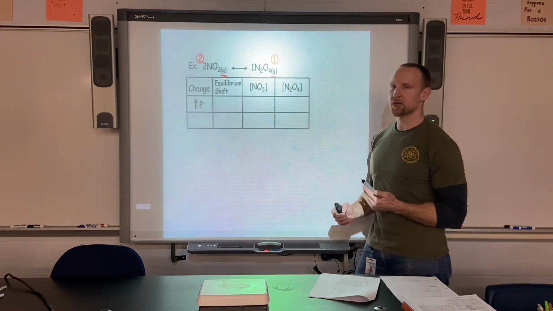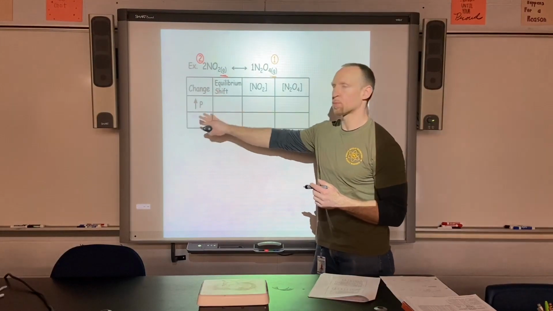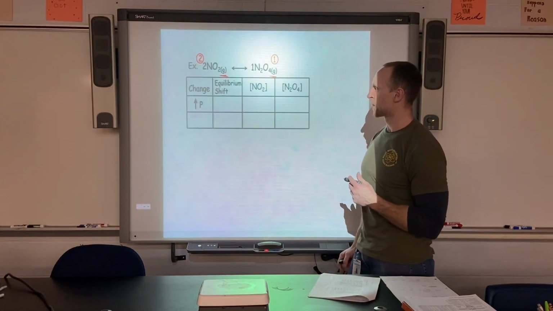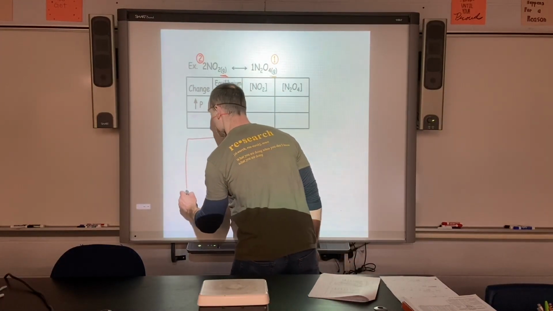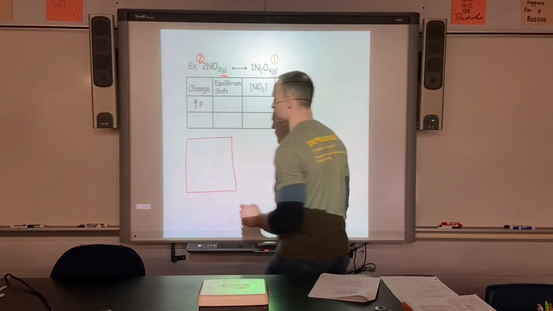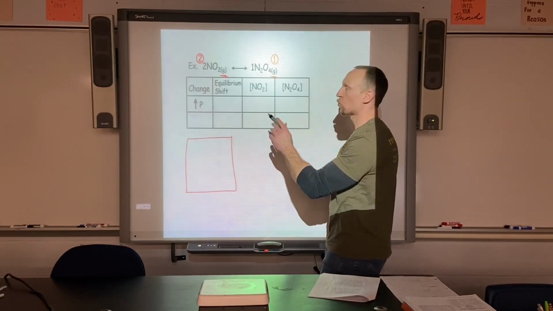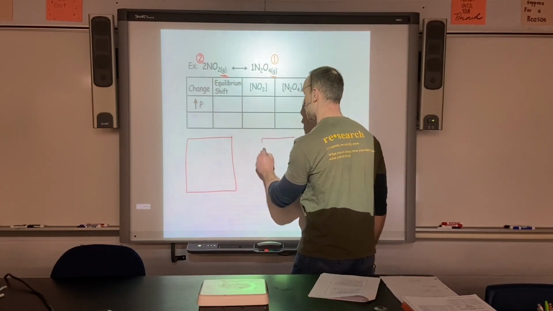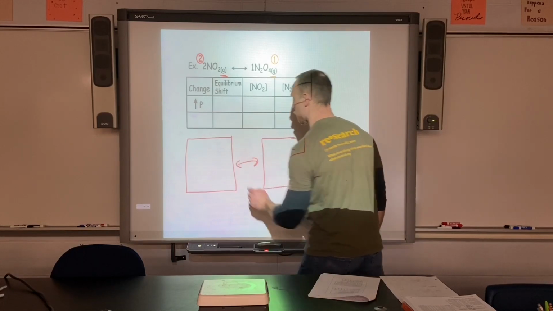So if I increase the pressure, how is the system going to respond to that? So stress is applied, system responds. What are our new concentrations? So think about what's going on here. So the left side, let's draw a picture. We've got 2 moles of NO2. So we have twice as many moles of gas on the left as we do on the right. So which way do I want to go?